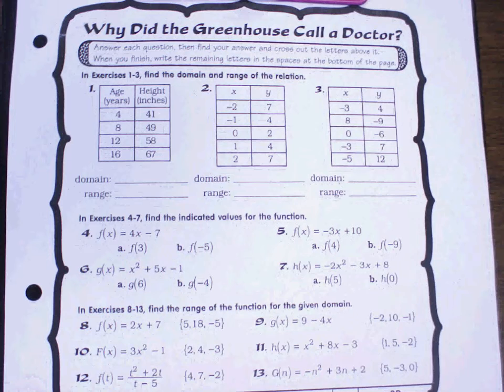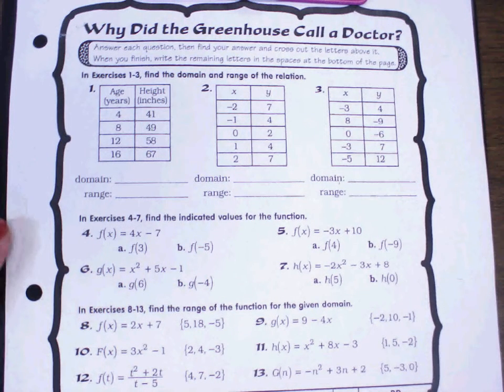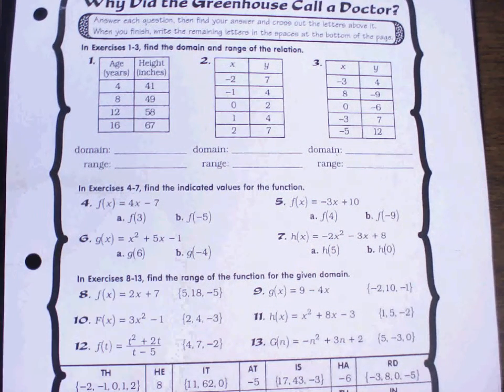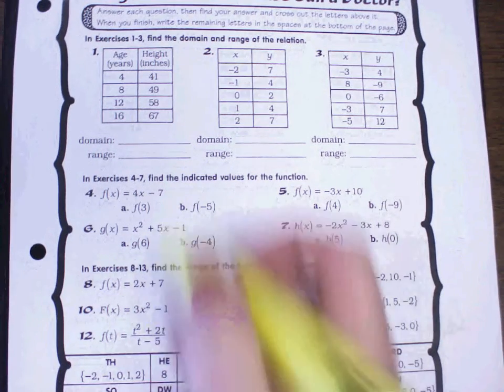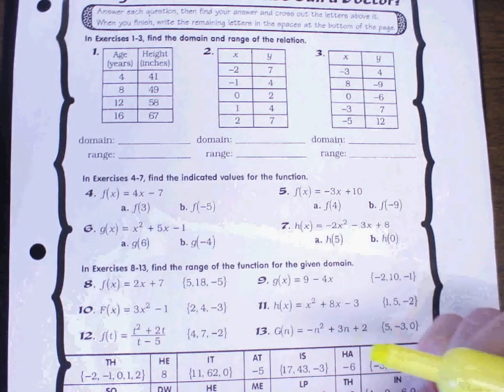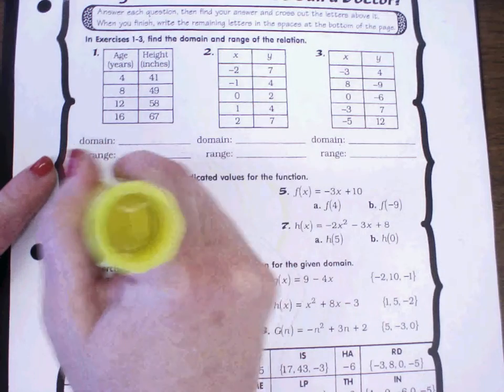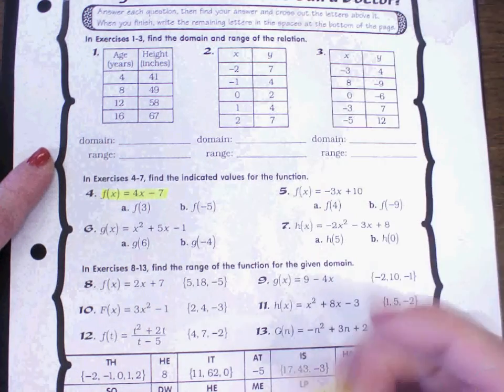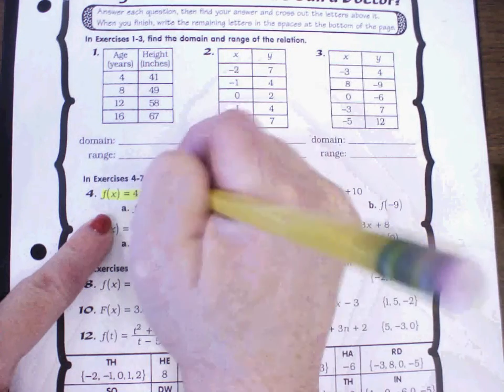So I'm going to go 4 through 7, okay? So we've got to find the indicated values for the function. So in here, this is my function for number 4. F of x is the same thing as what? As y. So y equals 4x minus 7.